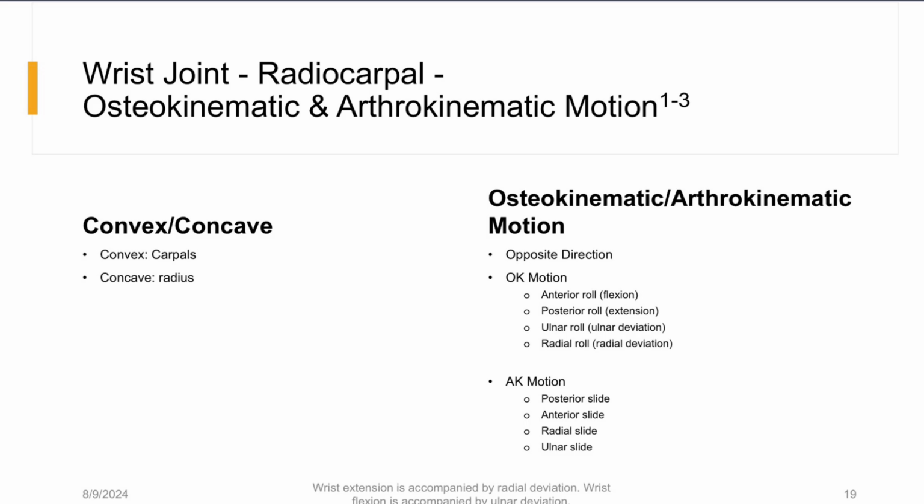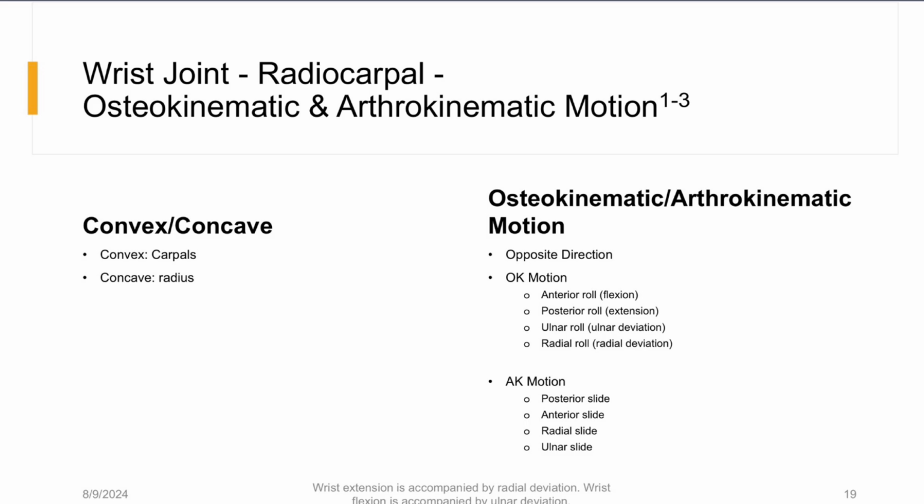All right, so moving on to the radiocarpal joint, the foundational content for osteokinematic and arthrokinematic motion. So again, with our convex-concave rule, we have the proximal row of carpals being convex, moving on the distal concavity of the radius. So now our OK and AK are going to occur in opposite directions.